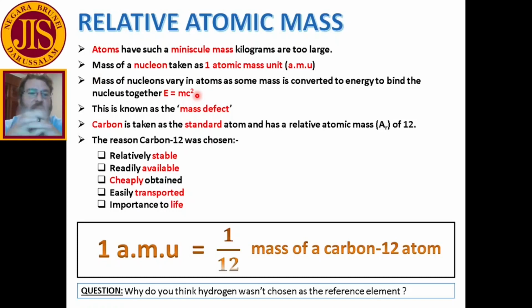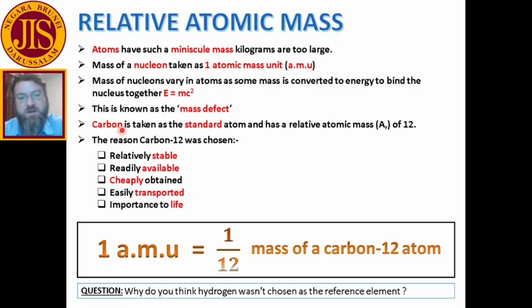So as atoms get bigger and you've got more and more positive charge in the center, more neutrons are needed to bind it together. As the neutrons fuse the nuclei together, they lose a little bit of mass. Some of their mass is converted to energy to hold together the protons that are trying to repel each other. This loss of mass is known as the mass defect.